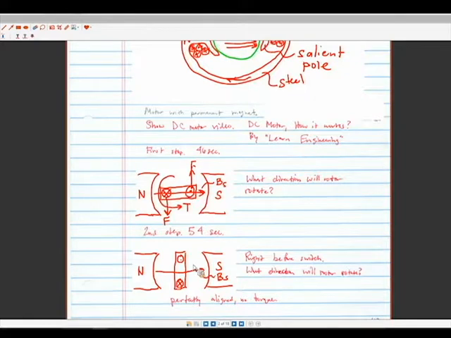So the force is going in exactly the same direction. So then the question is, what is the torque on this configuration right now? 0, right? It's 0 because the moment arm went to 0. At this point in time, basically the force is just pulling out. It's not actually exerting a torque on the rotor anymore.